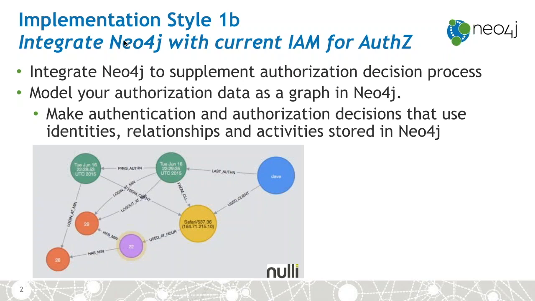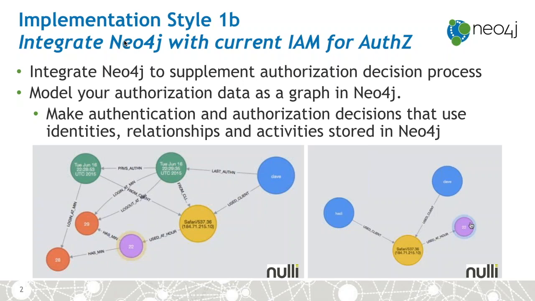Then as another user, Heidi, logs in from that same client during the same period of time, we can consider this computer or client to be a public client. We have multiple users logging in during the same period from the same IP address with the same browser. It's likely not a private user's machine. That gives you information you can then use to make further authorization decisions.